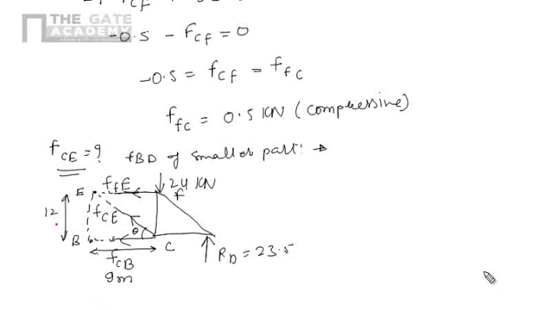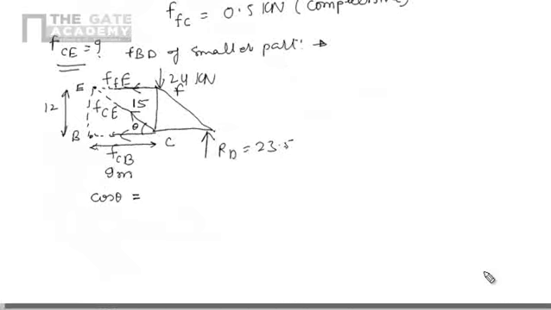Here this is 12, this one is 9, so by Pythagoras theorem this will be 15, the square root of 12 squared plus 9 squared. So cos theta is base upon hypotenuse, 9 by 15, and similarly sin theta is perpendicular upon hypotenuse. In this way we can find the values of cos theta and sin theta.